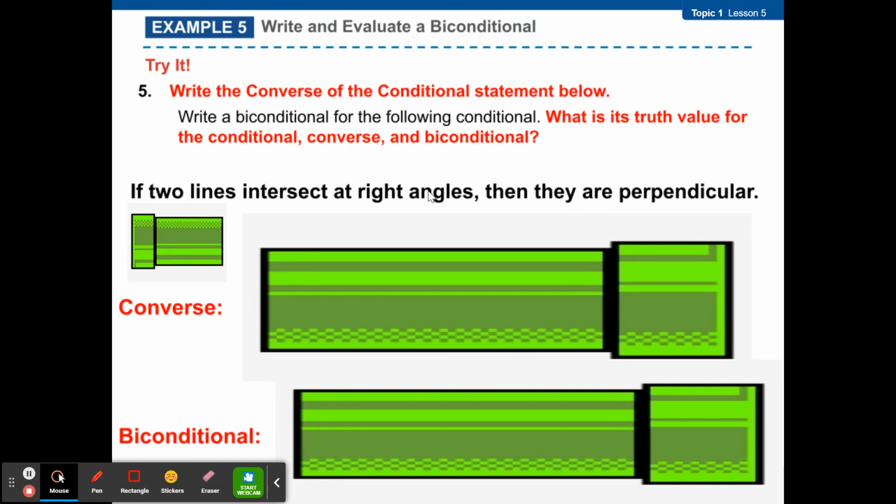What do you guys think? Hands for true? Yeah, I'd say true too. So we're still in the game to have that biconditional because it's true. And what I want you guys to do is write down the converse, check if it's true. If it is true, then write down the biconditional.